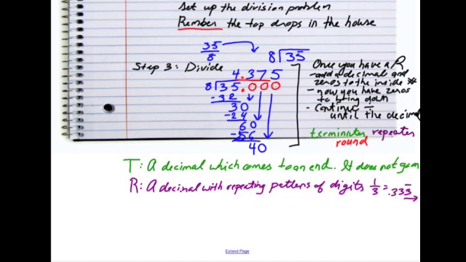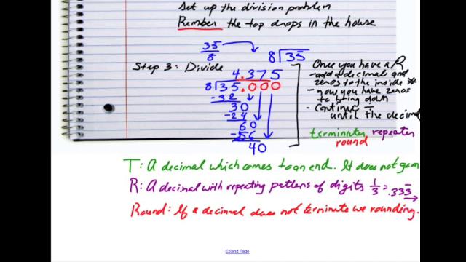Lastly, you could round. And rounding is fairly typical if a decimal does not terminate, right? Because if it terminates, then we don't have to worry about rounding. But if it does not terminate, we round. And rounding decimals is very similar to rounding whole numbers.